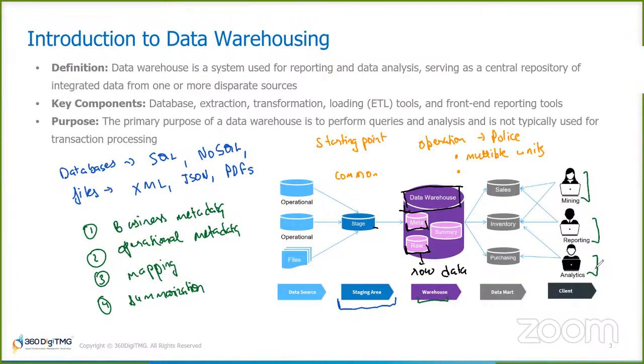So the data mining team is interested in sales and inventory, but they are not interested in purchasing. So there is no point in giving them access to the purchasing dataset.